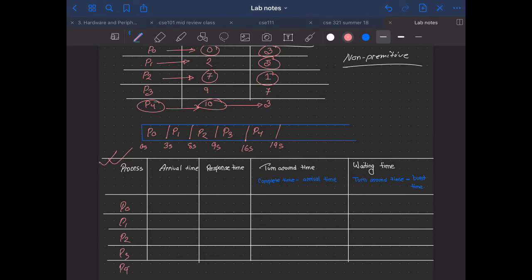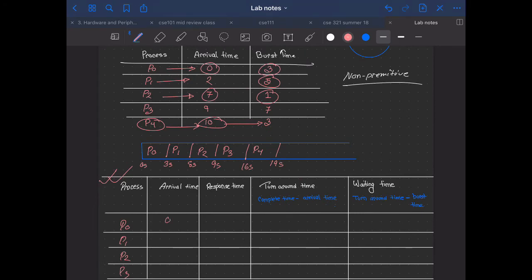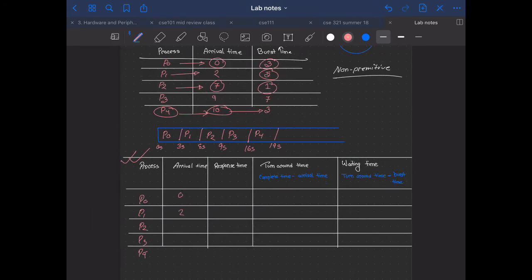P0 gets it first, and P4 gets it last. The arrival times are 0, 2, 7, 9, 10. And the response time of P0 is 0 because it got the CPU the moment it got into the RAM.